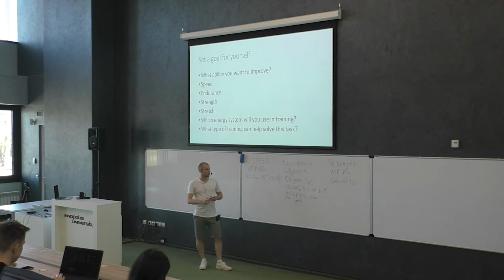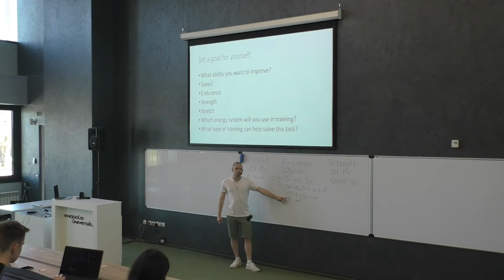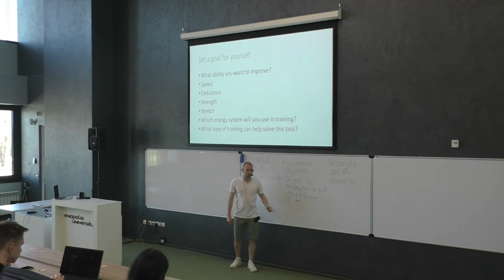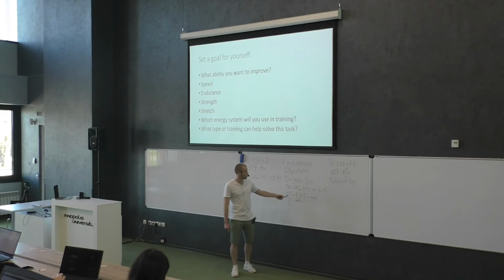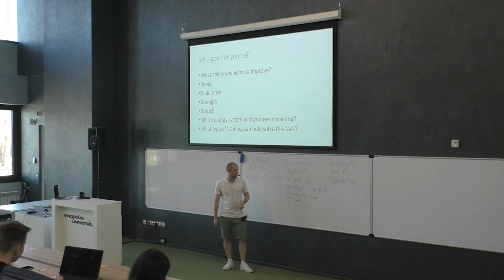You can move on to free weights in this type of training. First of all, you can raise the time of the running. Second, you can decrease the time of the active rest.